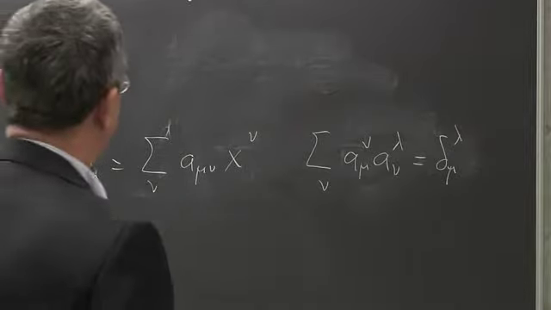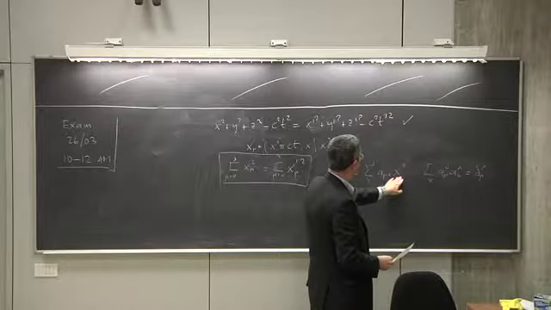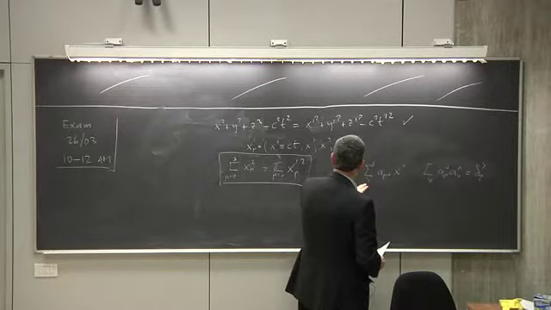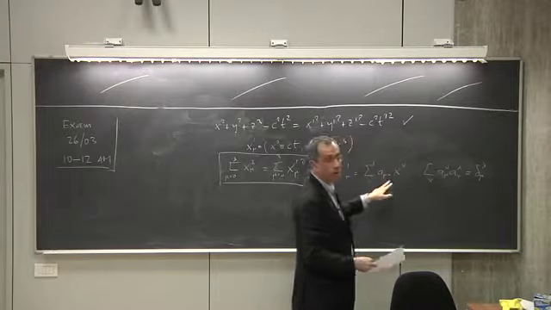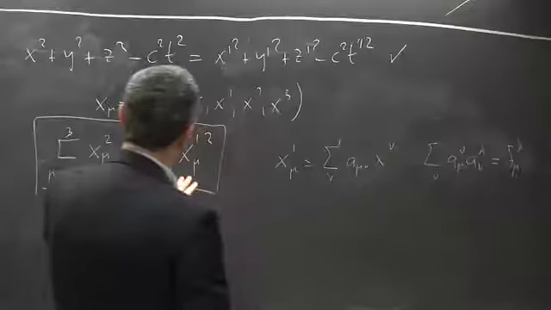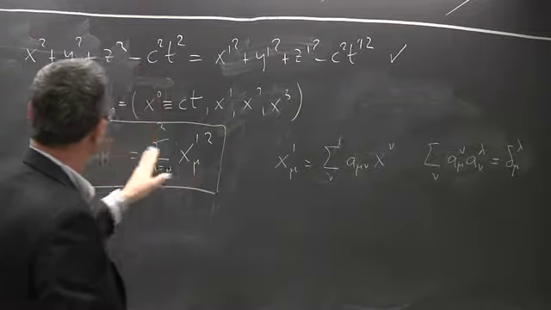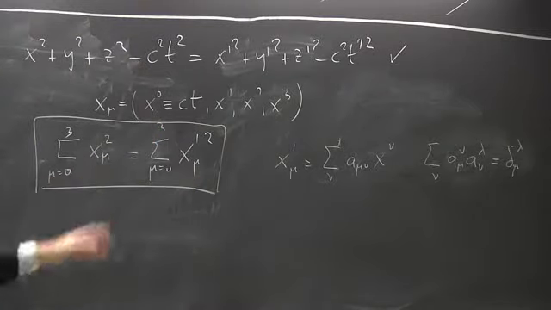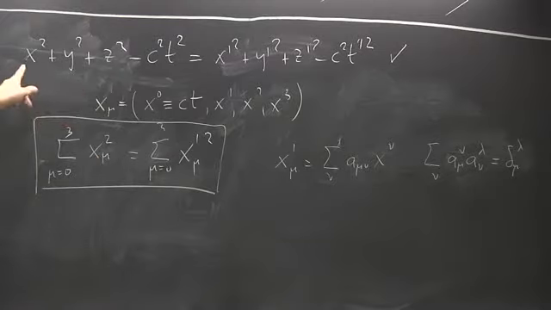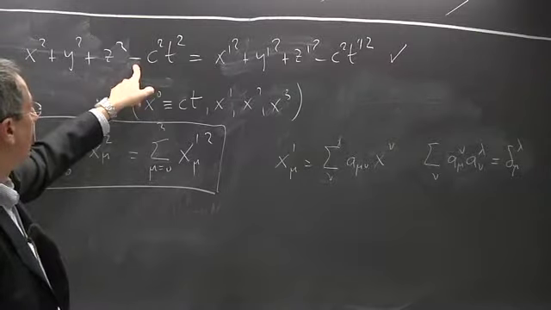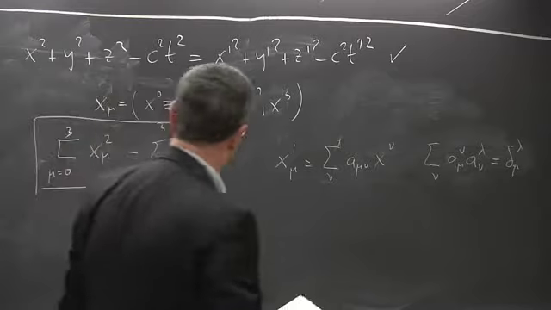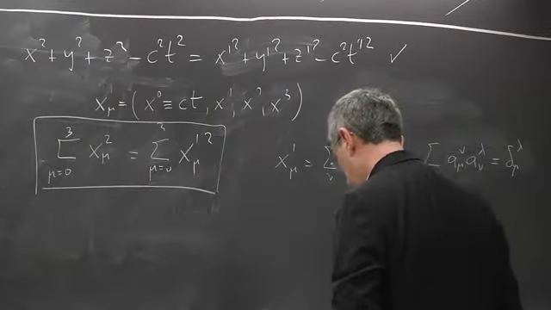So these are linear orthogonal transformations sending you from these coordinates to these new coordinates, and you want this a mu nu, these transformations, to be such that the length of this vector remains the same. It's invariant, because if the length of the position vector remains invariant, then you have the invariance of the wave front.